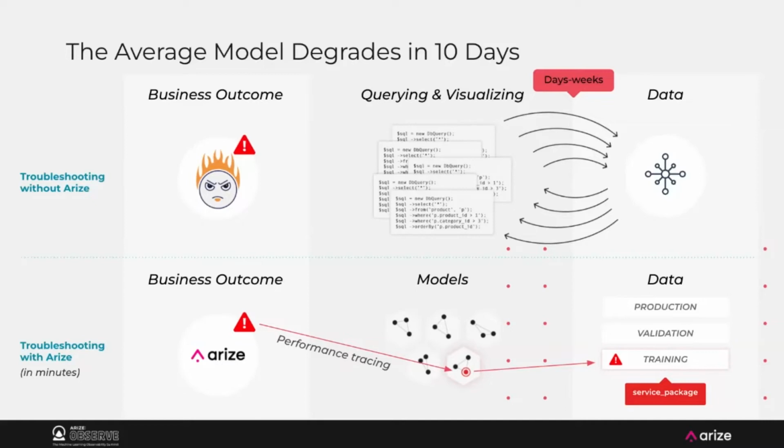Now I'm informed, I can go back offline and retrain my model, all before the top portion, the world without ML observability, even figures out that there is an issue. So we're going to move into the platform now and see that in action, see how quick it is to identify issues within the platform and start acting on those insights.